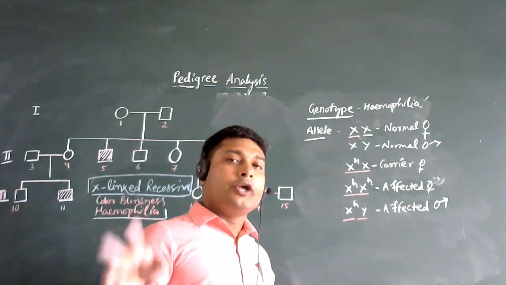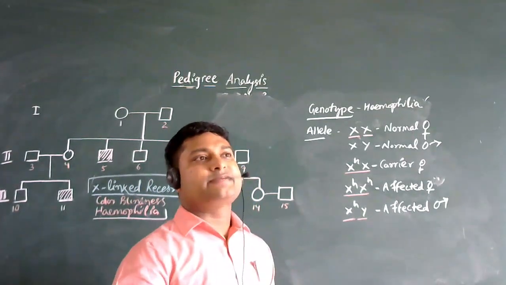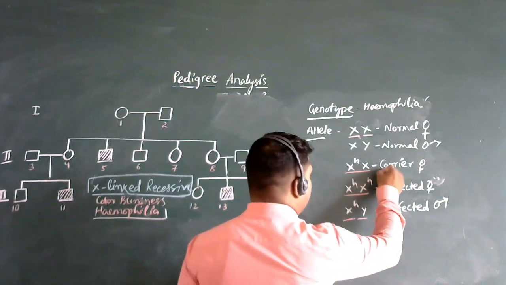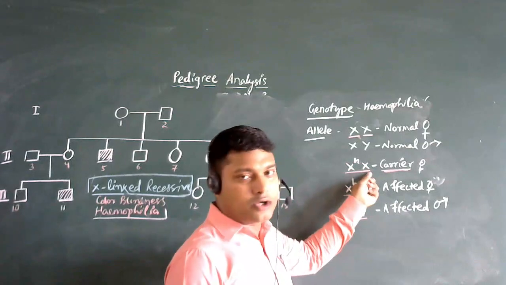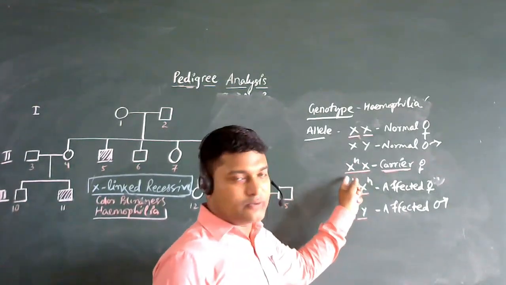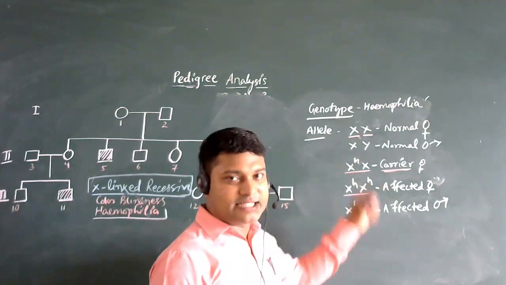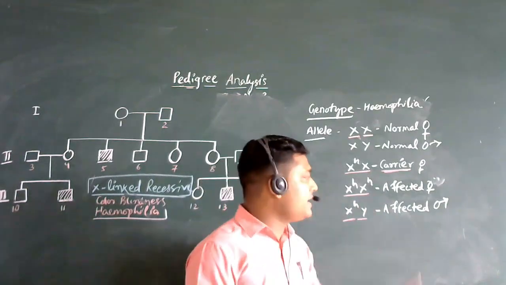For a carrier, you should have two copies, and one should be expressed while the other should not, which is the recessive condition. So in a carrier female, one affected allele and one normal allele, the normal allele expresses itself and not the affected one. But if both are affected, it is an affected female. In case of a male, XHY is going to be affected.